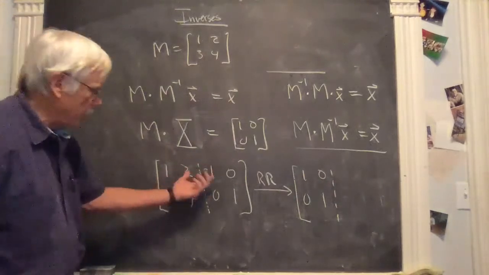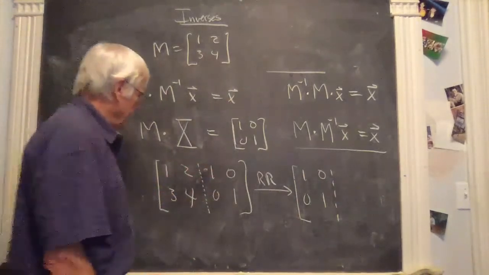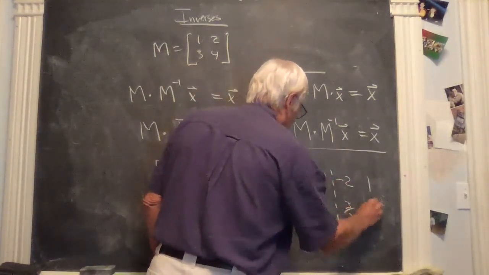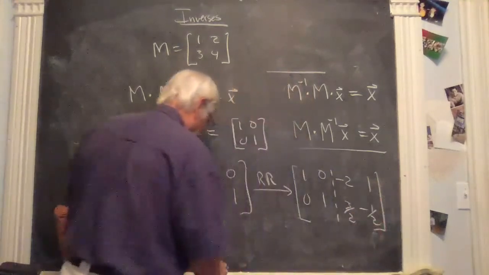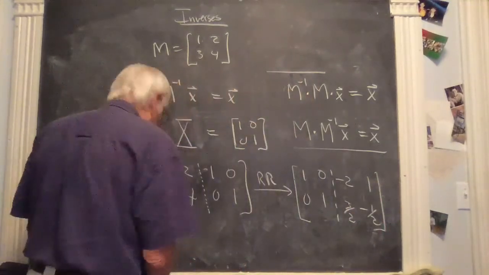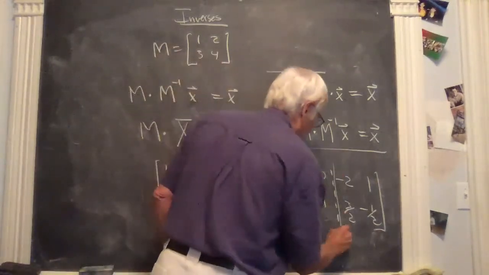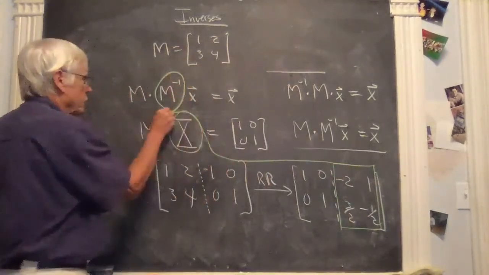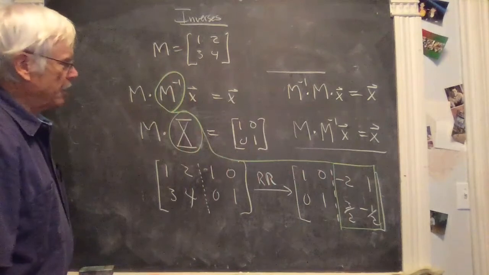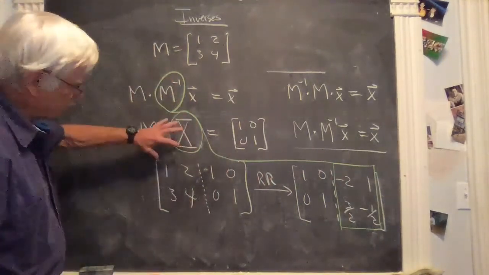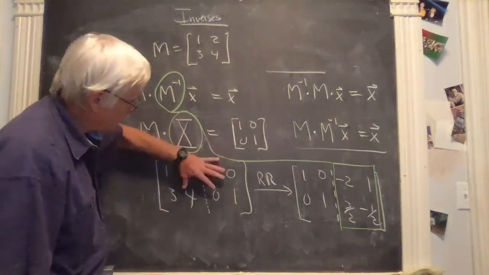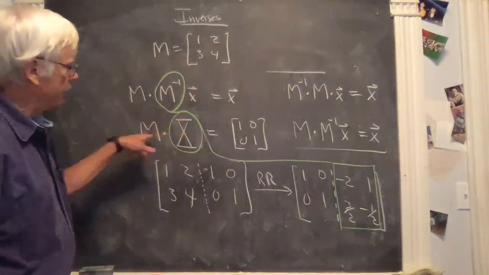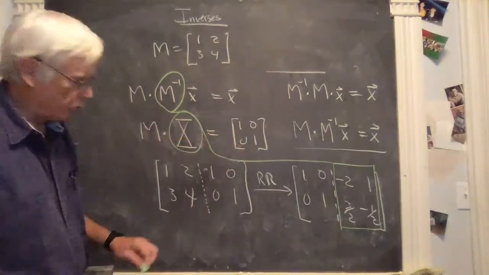And when you do row reduction on the whole thing, the right-hand side, I believe, becomes minus 2, 1, 3 halves, minus 1 half. So what do we have actually on this right-hand side? This is the solution. This is X, which is the inverse. So this is why this little method of reducing this matrix by hand gives you the inverse. You're doing nothing more than solving this equation, M times X is 1, 0, 0, 1.